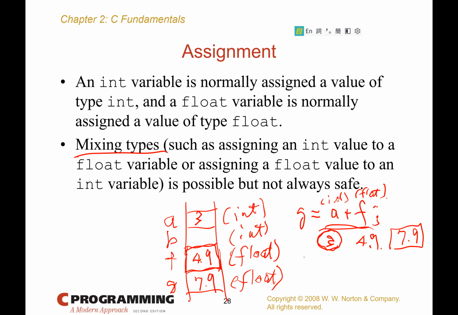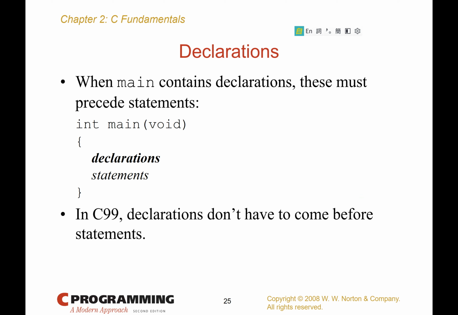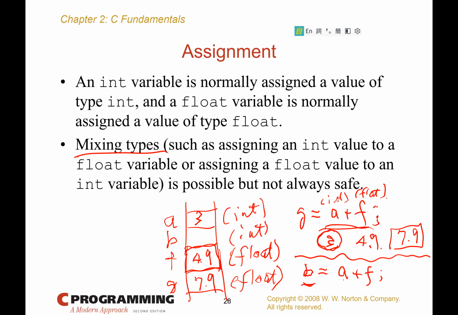Now, I do another experiment: we put on the left of the equal sign b, and the right of the equal sign is a plus f. The variable a is 3, f is 4.9, and you still get 7.9.